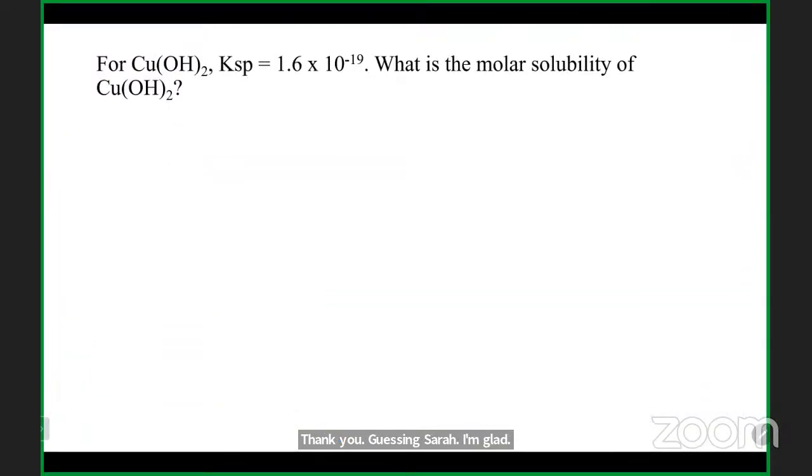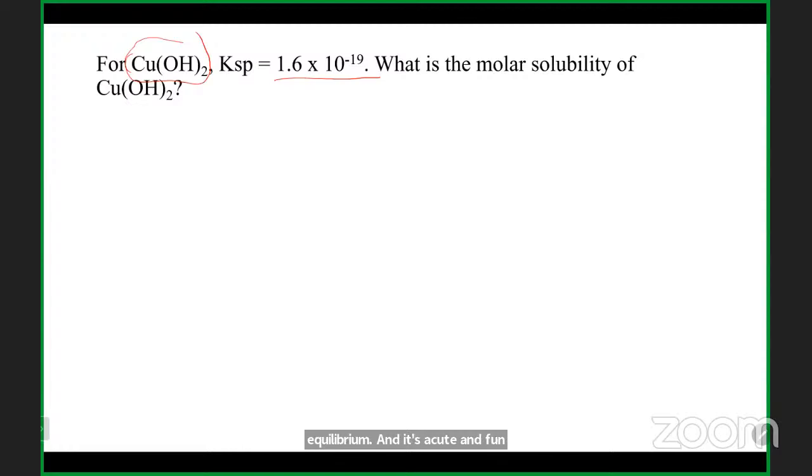Okay, for this salt, for this ionic solid, the KSP is given as 1.6 times 10 to minus 19. What is the molar solubility of the salt? The calculation includes writing the equation for the equilibrium and its aqueous ion form.